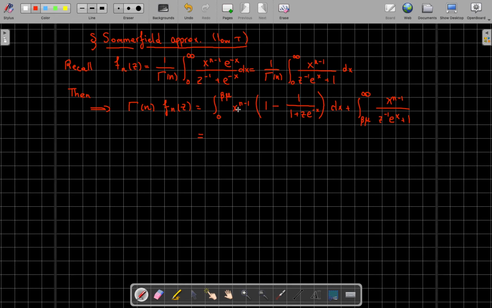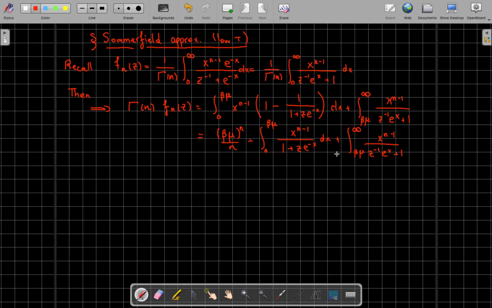So this is equal to beta mu to the power of n over n, and then we have minus the integral from 0 to beta mu of x to the n minus 1 over 1 plus z inverse e to the x dx, plus the integral from beta mu to infinity of x to the n minus 1 over z inverse e to the x plus 1.